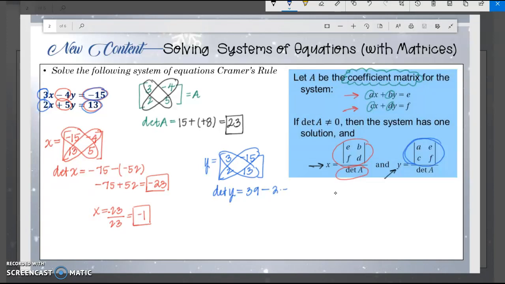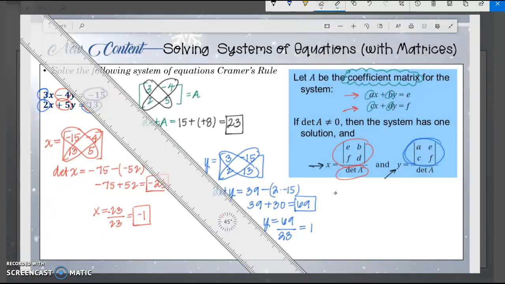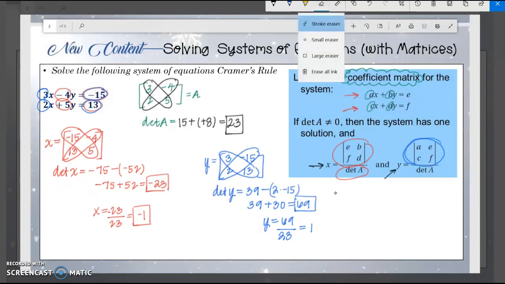So 2 times -15. That's going to give me 39 plus 30 because the two negatives will cancel each other out. And I'll end up with 69. So then my y value, I'm just going to take this determinant here of 69 and divide that by 23. So my y value that I end up with, oops, not 1, that's going to be 3.